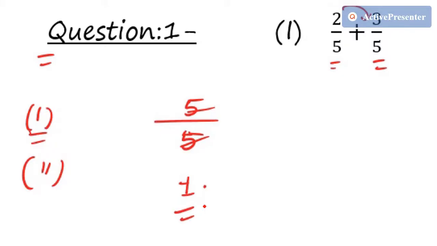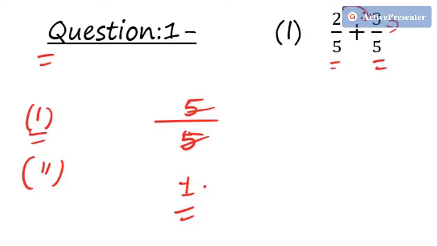Now once again I am revising the method. First, if the denominator is the same, put the value of the denominator as has been given in the question. Nothing to do in this part of the question. Now the numerator comes. Simply add the numerators given in the question.